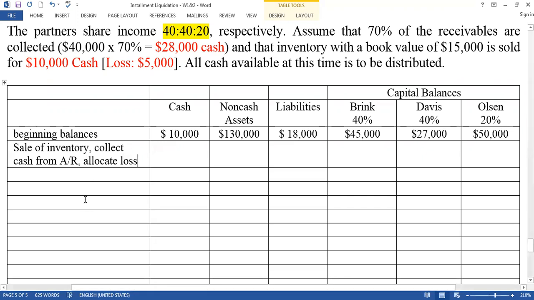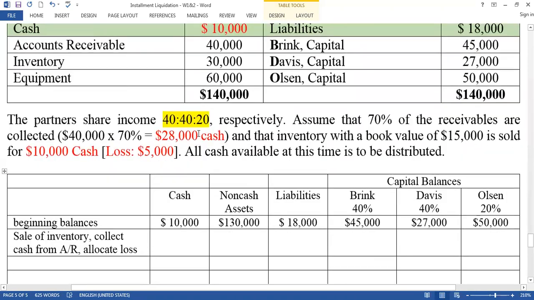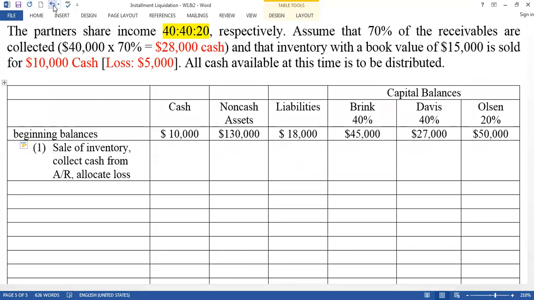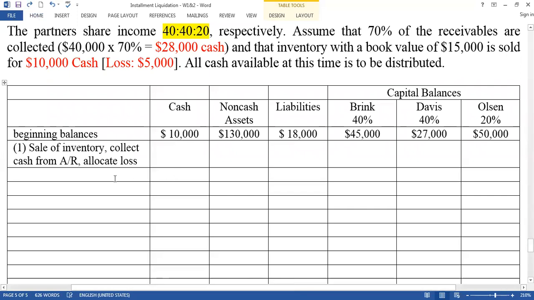Do you understand? So this is the first transaction, number one. I put number one to show you some journal entries, but I already explained the journal entry, so maybe I'm not going to show you the journal entries.